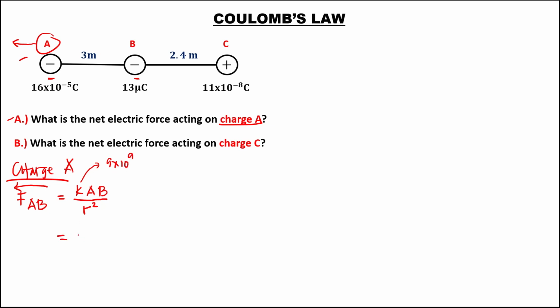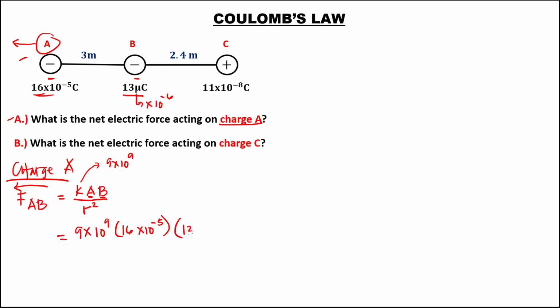So K is 9 times 10 to the power positive 9, times charge A, 16 times 10 to the power negative 5, times charge B, which is microcoulomb, or times 10 to the power negative 6.